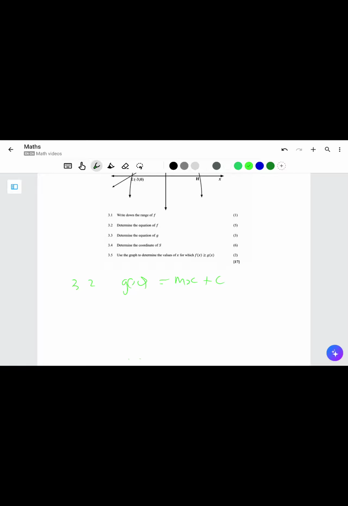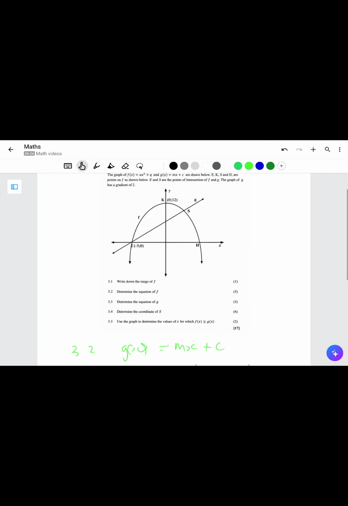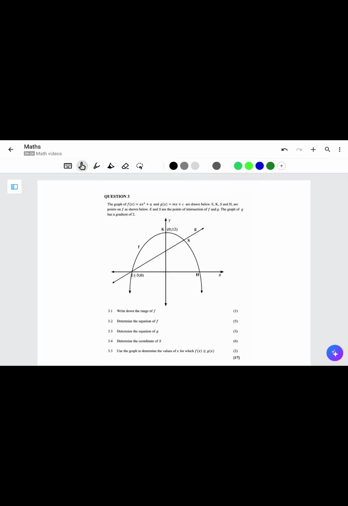Alright, so we also know that if we use point E and our gradient, which was stated earlier, it says that g has a gradient of 2.